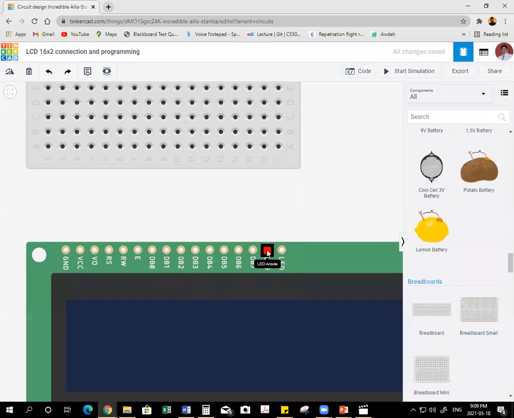Plus 5 volts is given to the anode with a resistance, and the LED cathode is given directly to negative. The first two pins, ground and VCC, get ground and 5 volts. The third pin is for contrast, given from the potentiometer, so that if you vary the potentiometer resistance, the brightness will change.